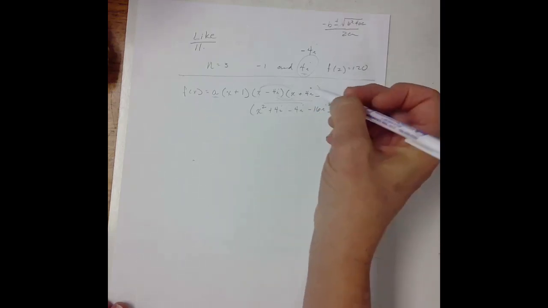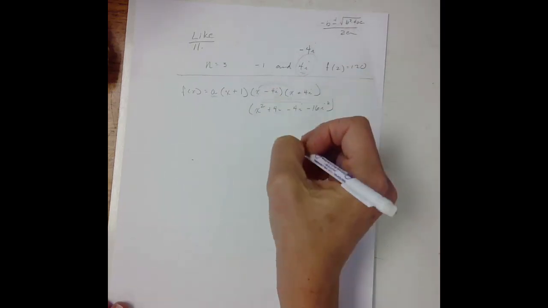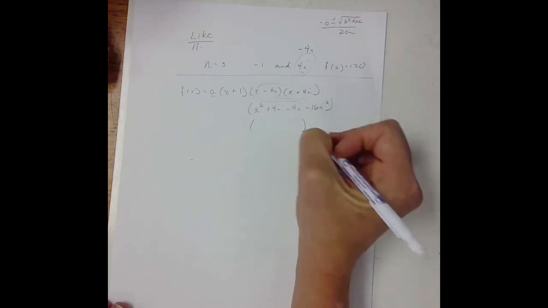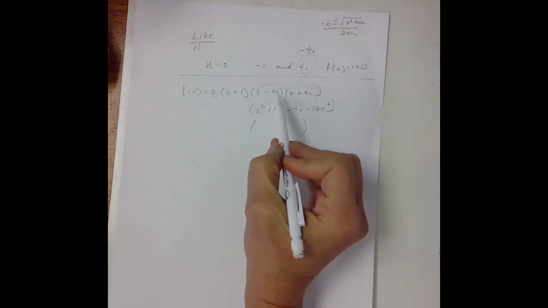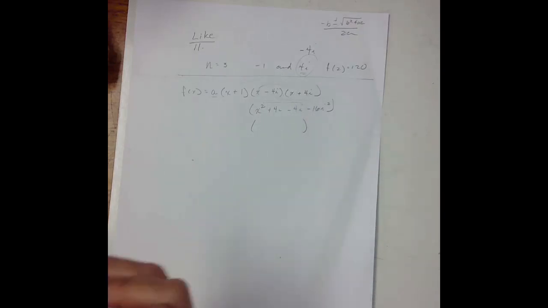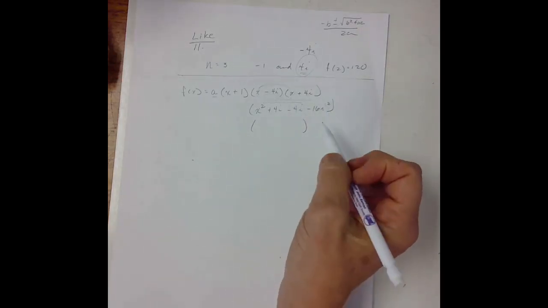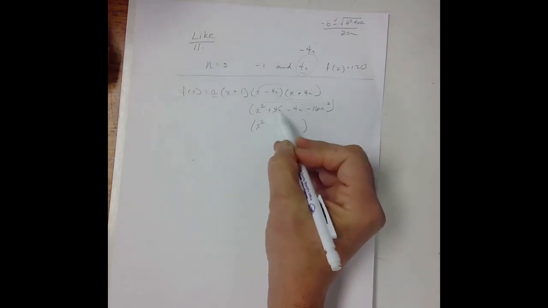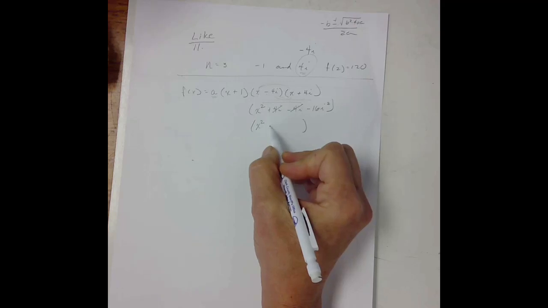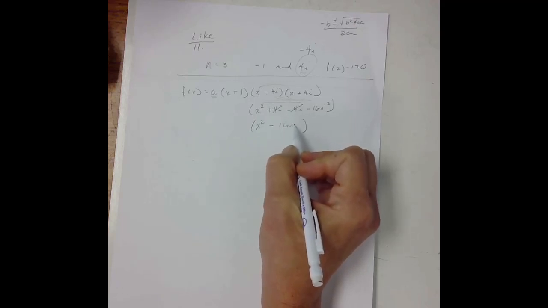If you can go from this step to this one, it is just fine with me, because by now you should recognize you have the difference of 2 squares. These are considered conjugates, and conjugates when they multiply together will always give the difference of 2 squares. So I'm going to end up with x squared, and because the i's in the middle cancel out, I would have minus 16i squared.